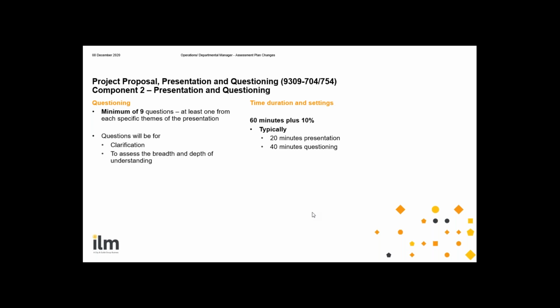After the presentation, in the questioning session, the IEPer will ask a minimum of 9 questions, 1 question for each of the themes that I mentioned in the previous slide. It is expected that after these 9 questions, there will also be follow-up questions.